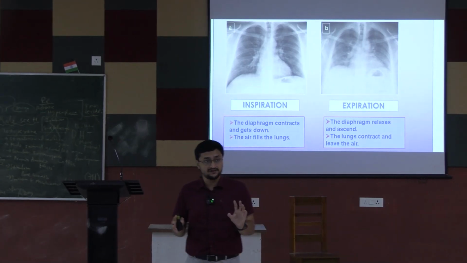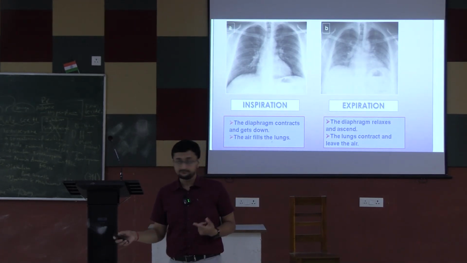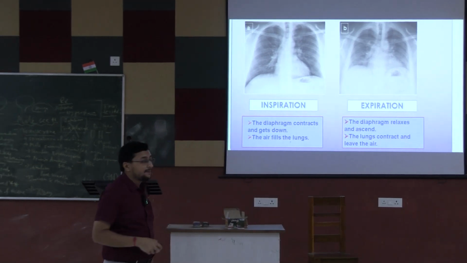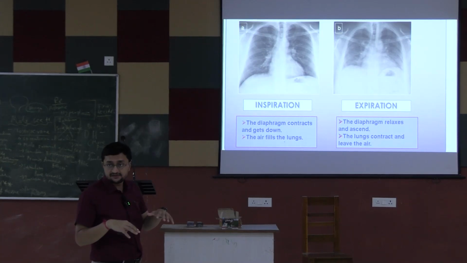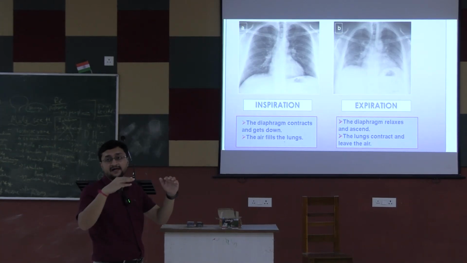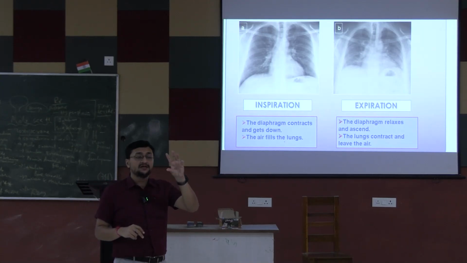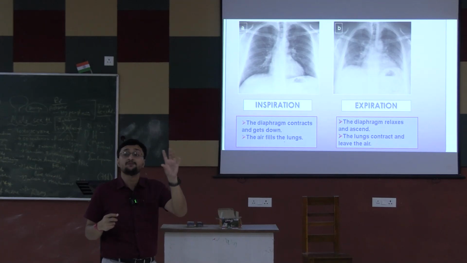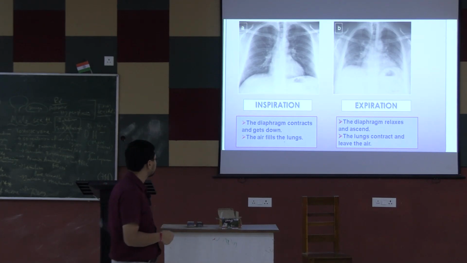This is the most important differentiating point between inspiratory and expiratory film. And the diaphragm will be lowered during the inspiratory phase, and the diaphragm is in a higher position during the expiratory phase. So in expiratory film, the chest shadow looks smaller.